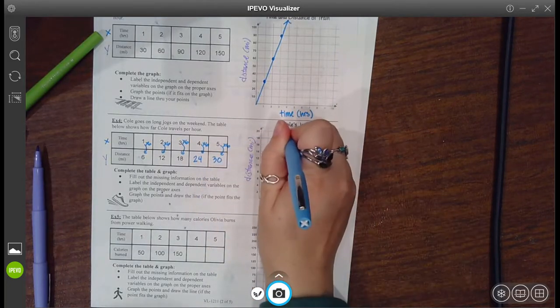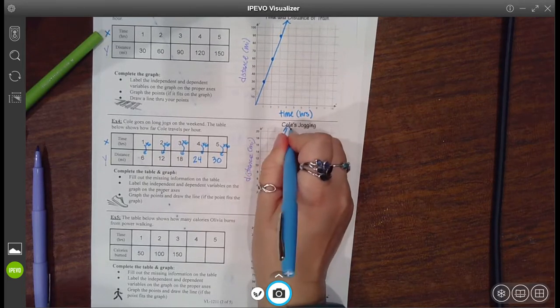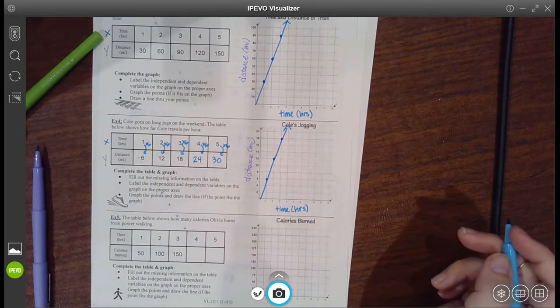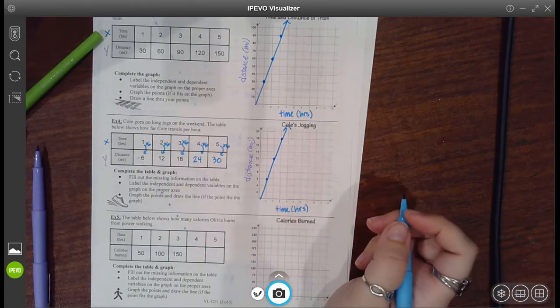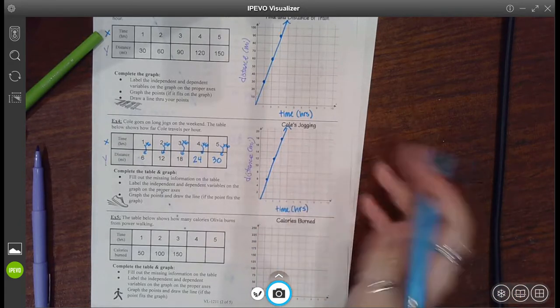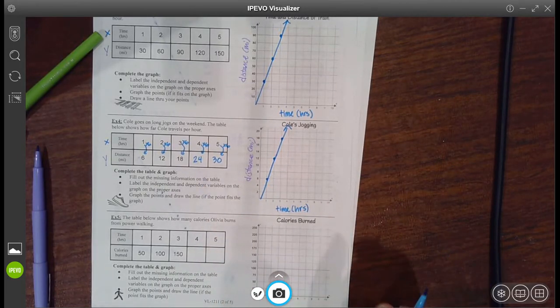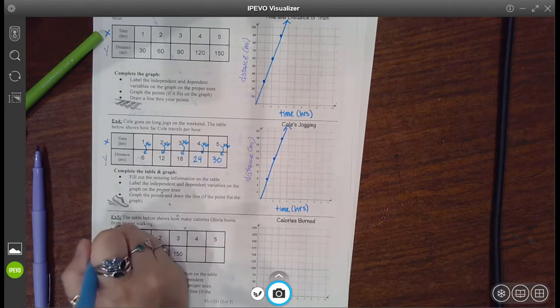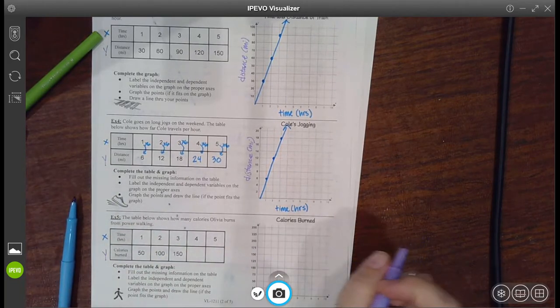Don't forget to always graph the points by drawing a straight line. I recommend using a ruler or a piece of paper so that it's straight, because as we've established before, sometimes you need that line to find a missing number. The next one says the table below shows how many calories Olivia burns from power walking. Let's see if the X first and Y second relationship works.